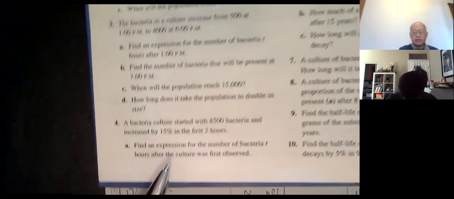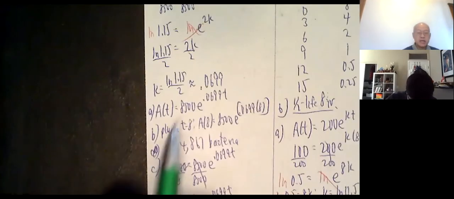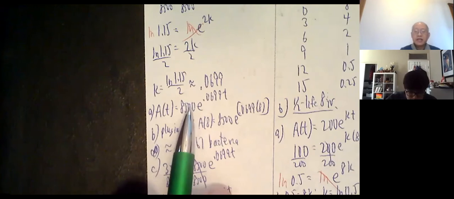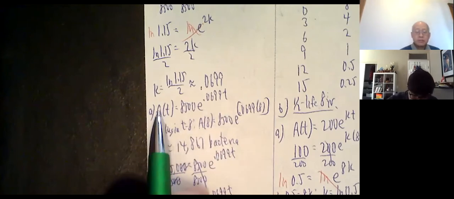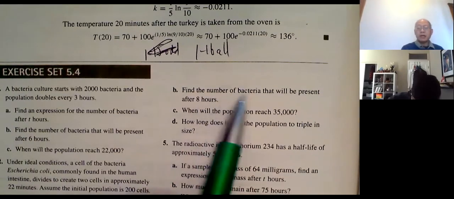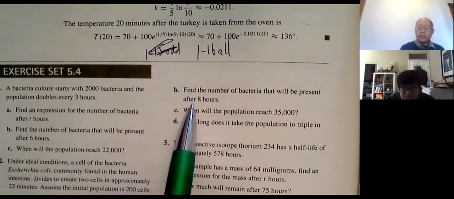Find an expression for the number of bacteria, and so on. Okay, now that I have the equation, here's the key thing. If they give me any time, plug it in here. If they give me any amount, plug it in here. So notice, find the number of bacteria that will be present after 8 hours, plug in t equals 8.